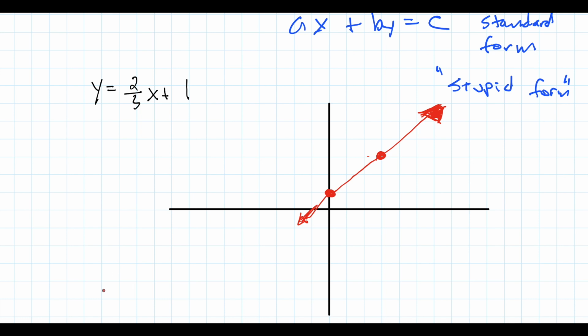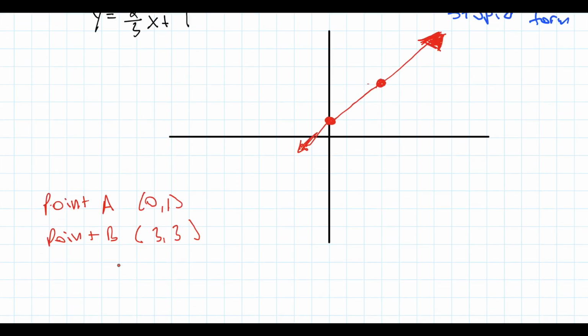So I'm going to make up a random point off the top of my head. I'll say point A is (0, 1) and point B is (3, 3). How do you find the slope?